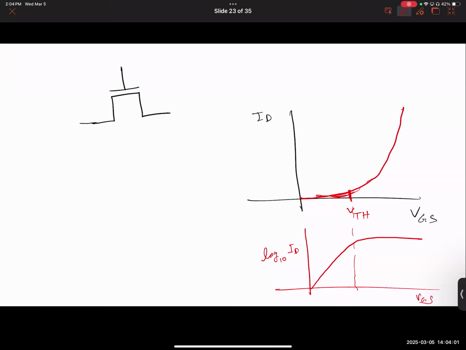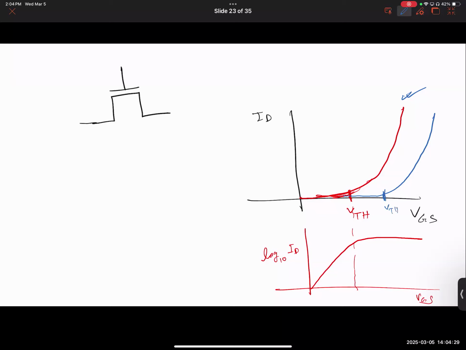Now, where I'm going with it is, if somehow you manage to tune the threshold voltage of the transistor, if you increase it or decrease it, what happens to this curve? Let's say you increase the threshold voltage. It's as if you just shift the curve horizontally to the right or left. So you shift this curve to the right.